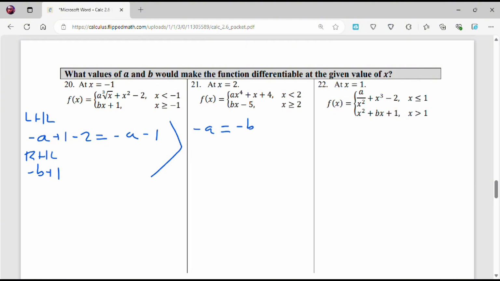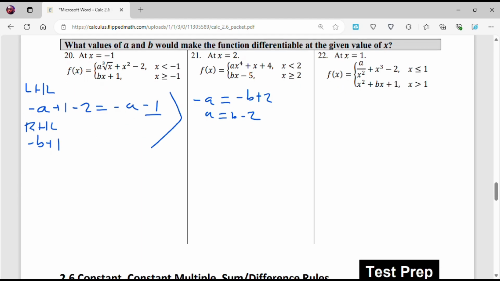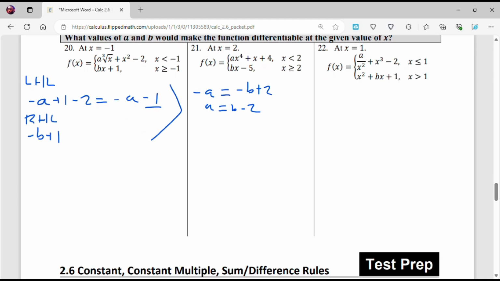So -b + 1, right? Because I'm making that -1 positive. Multiply both sides by -1, and this becomes b minus 2. All right, I'm going to keep that equation in mind later on.